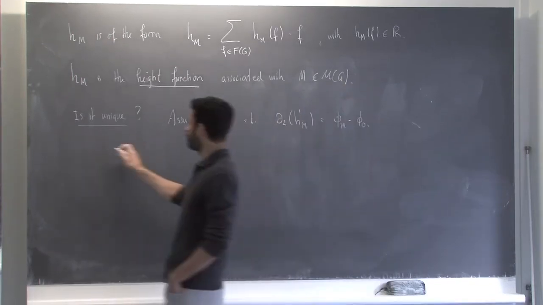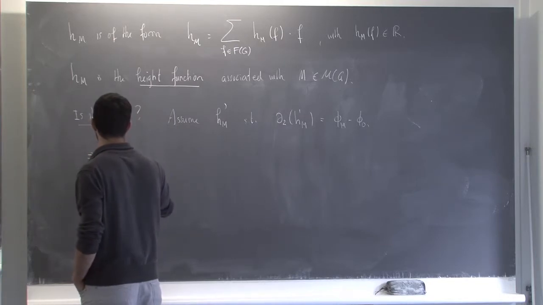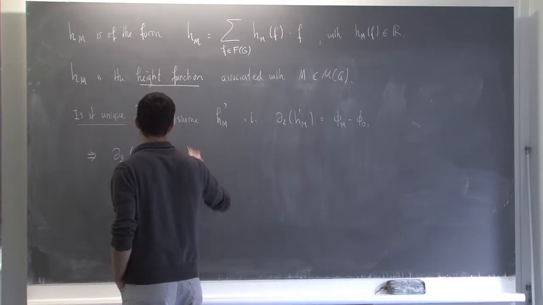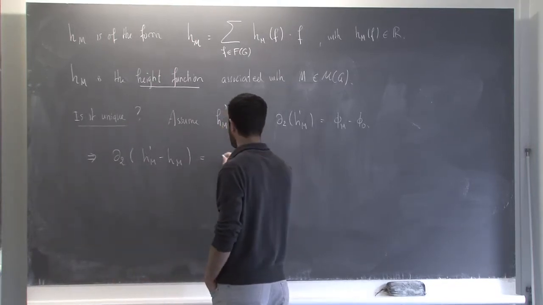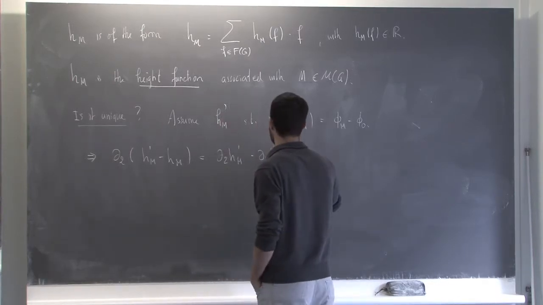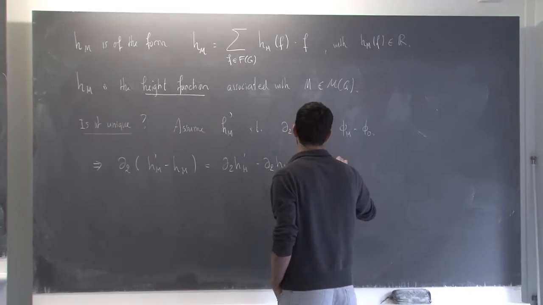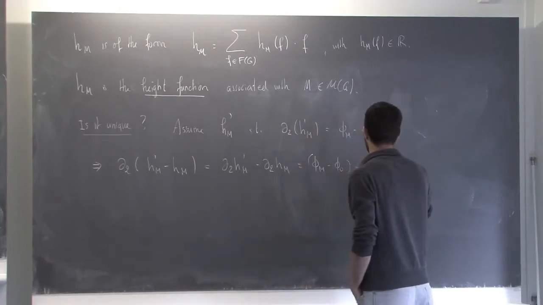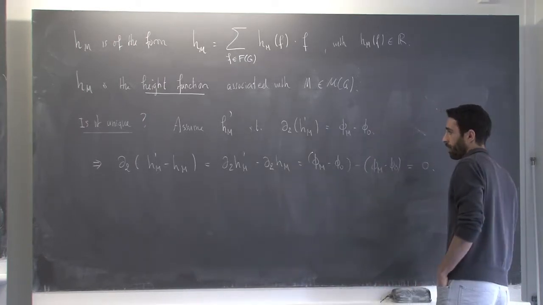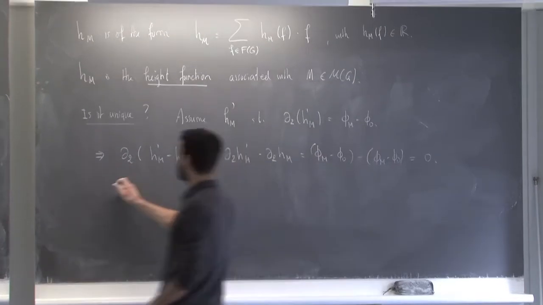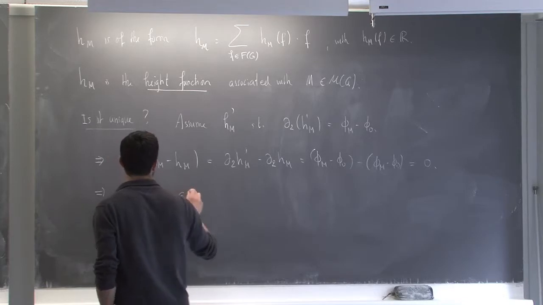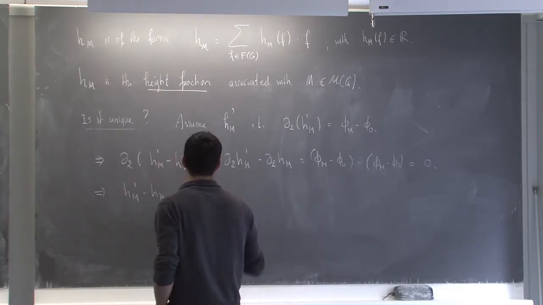So then what do we have? We have that d2 of hm prime minus hm is equal to d2 hm prime minus d2 hm, that is something minus the same thing, that is 0. So it means that hm prime minus hm belongs to the kernel of D2.